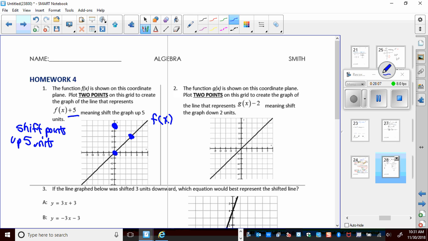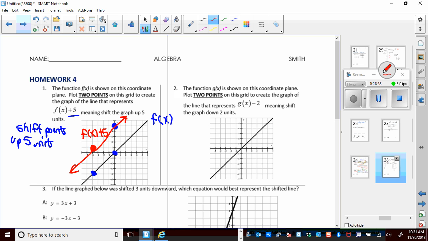Unfortunately, this point I picked is not a good point, so I'm going to pick a different one. I'm going to pick one down here somewhere. I'm moving up 5. I can't move past that. So, shifting up 5, I have 1, 2, 3, 4, 5. My new line is f of x plus 5.